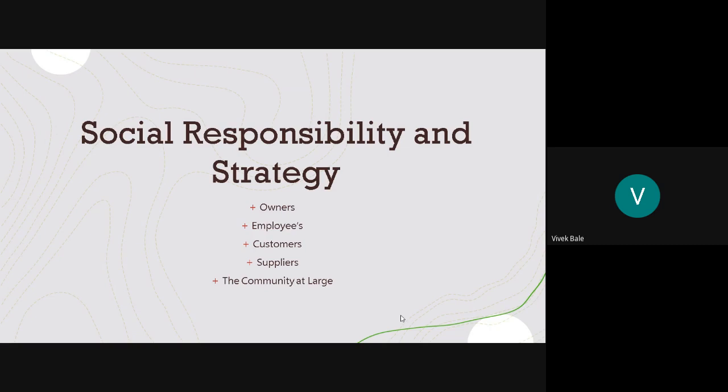The electricity facility, water facility, road facility, all the basic infrastructure problems as well as the social and economic problems of that village have been undertaken by the Tata Group. So automatically, the Tata Group wants to show other industries that we are not only earning profit, but after earning the profit, some part of the profit we spend on the people who have helped our business grow to such a level. So this is what we call social responsibility and strategy.